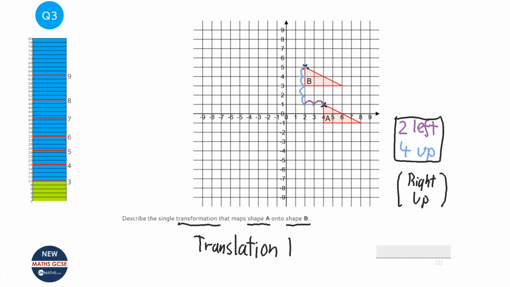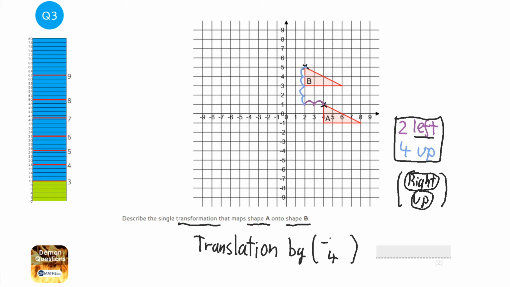So translation by, there's different words you could use there, and the number at the bottom, where it's gone 4 up, is just a 4 there. Now, here's a problem. This is how far right it's gone, but it's gone 2 left. Well, we just simply put -2 right. Now, be careful. Don't ever put a fraction line between the -2 and 4. It's not a fraction, okay? So don't ever put the fraction line in.